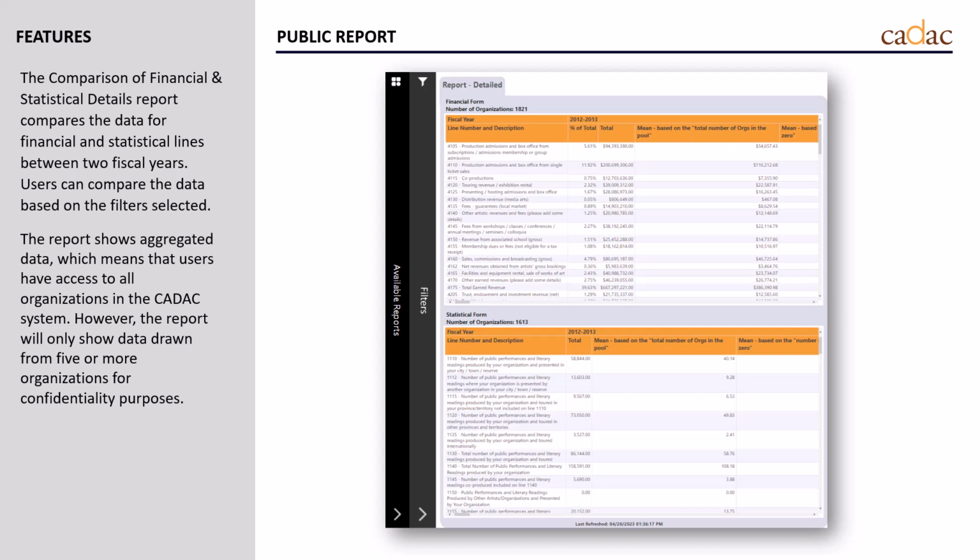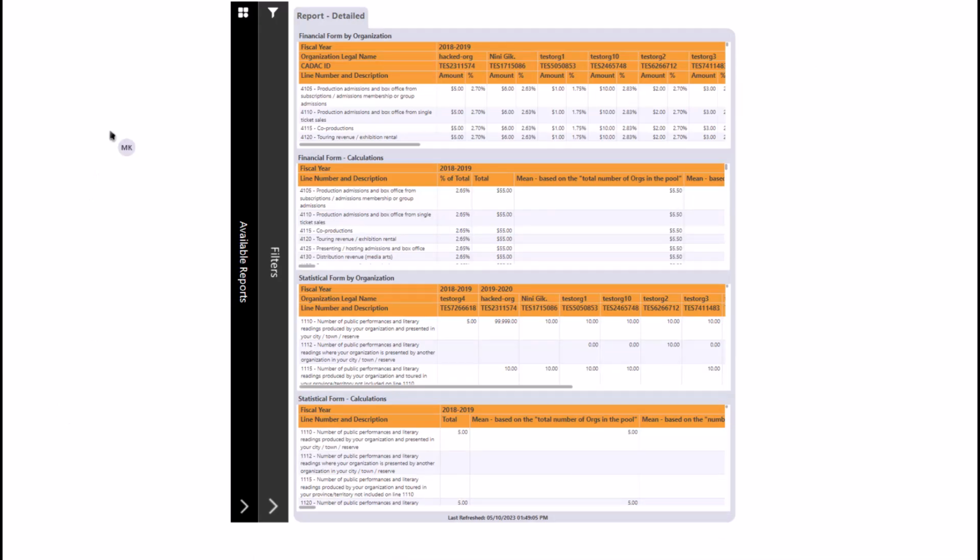the website directly. The comparison of financial and statistical details report does have similarities to the financial and statistical summary and details summary report. However, this report also includes information at a disaggregated level about percentage of revenue and percentage of expense based on individual lines for individual organizations.